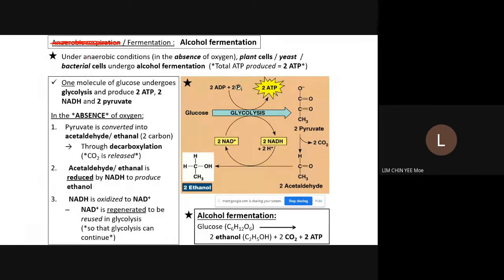fermentation. Under anaerobic conditions, in the absence of oxygen, plant cells or yeast or bacterial cells will undergo alcohol fermentation. ATP produced is just 2. I know you may ask, Miss, bukan 4 ke? Miss cakap kalau dia cakap total ATP tu 4.